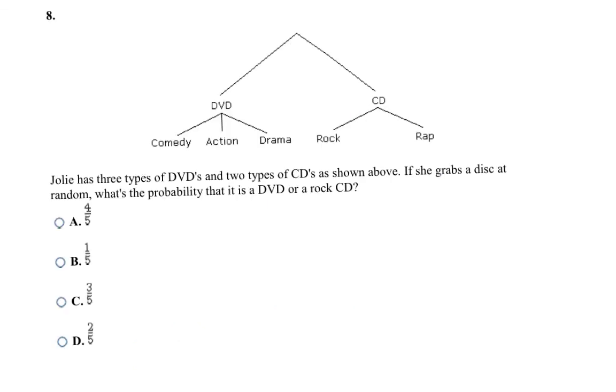This question says Jolie has 3 types of DVDs and 2 types of CDs as shown above. So they've already drawn the tree diagram for you. If she grabs a disc at random, what's the probability that it is a DVD or a rock CD? So probability is the number of successes over the number of outcomes.